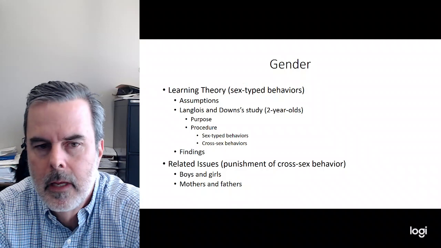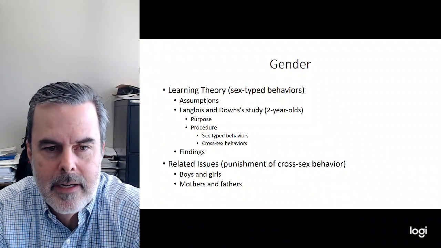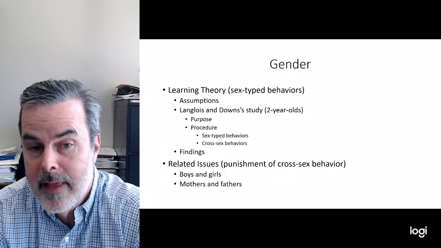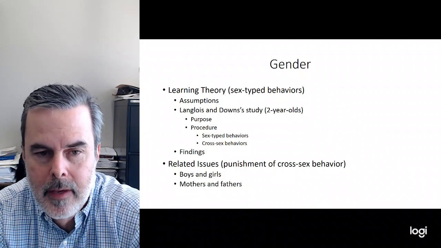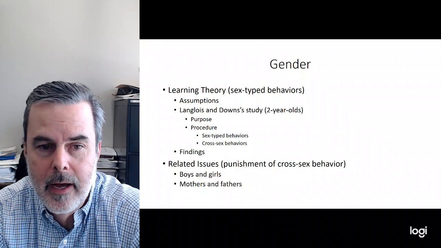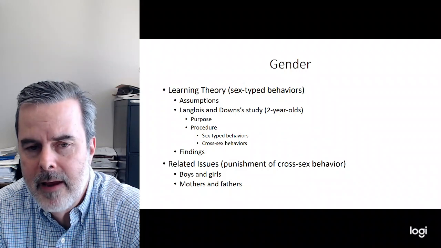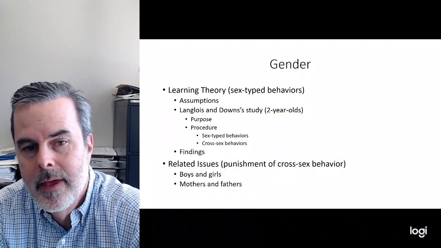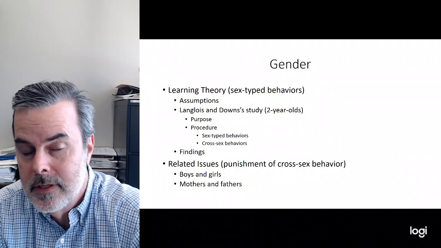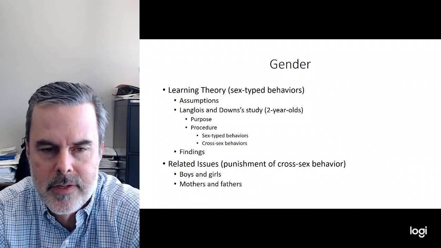In particular, parents, both mothers and fathers, tended to reward, that is, reinforce sex-typed behaviors, where they reinforced kids who were showing behaviors considered appropriate for their gender, boys playing with G.I. Joe dolls and Tonka trucks, and girls playing with Barbie dolls and kitchenware sets.